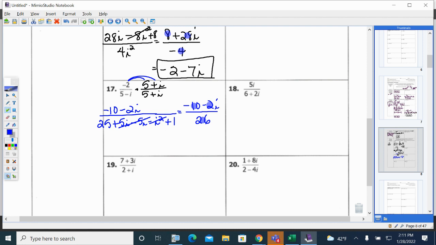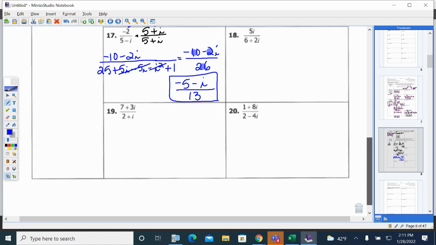It has to be all three. 2 goes into all of them. -10 divided by 2 is -5. Actually, I'm not dividing by -2. I'm so sorry. We're just dividing by 2. -2 divided by 2 is -1i. And then 26 divided by 2 is 13. So there is our answer for number 17.